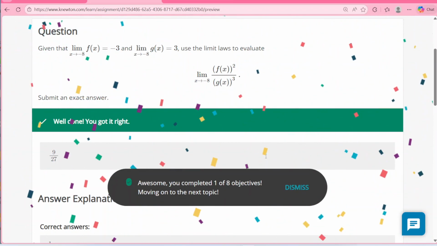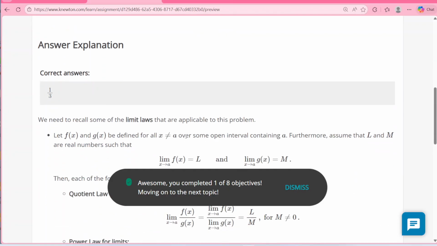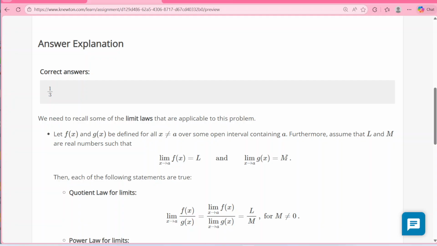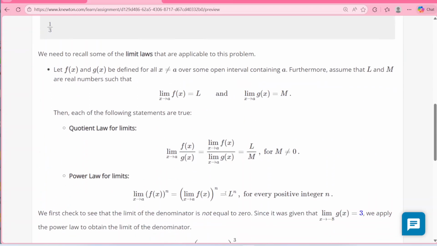And you see it is correct, and I've now completed one of those 8 objectives. So you see they simplified to 1/3, but if they don't specifically say simplify, just enter an exact answer, you can enter something that is equivalent to their simplified answer, and it should work.